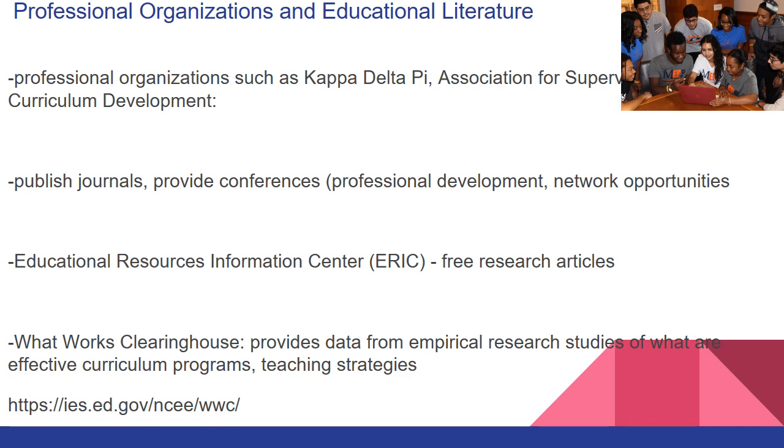A third database that has specific data from empirical research, so research that has used statistical methods and empirical numbers to quantify its success, is the What Works Clearinghouse. I included a link to that. It describes the most effective curriculum programs and whether or not those programs and strategies have been tested by statistical methods.